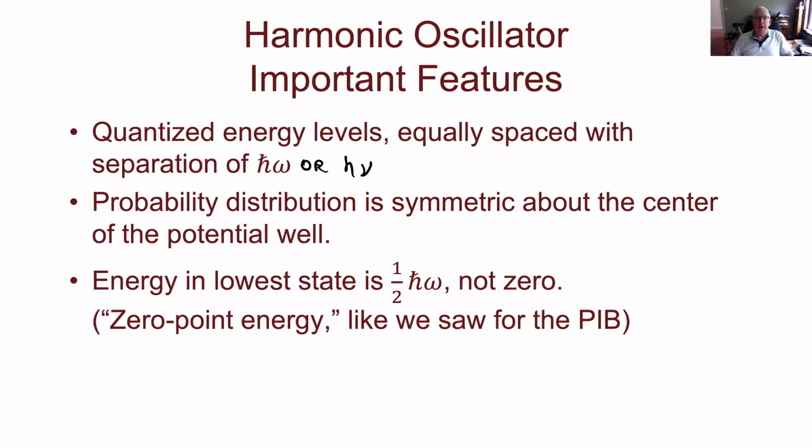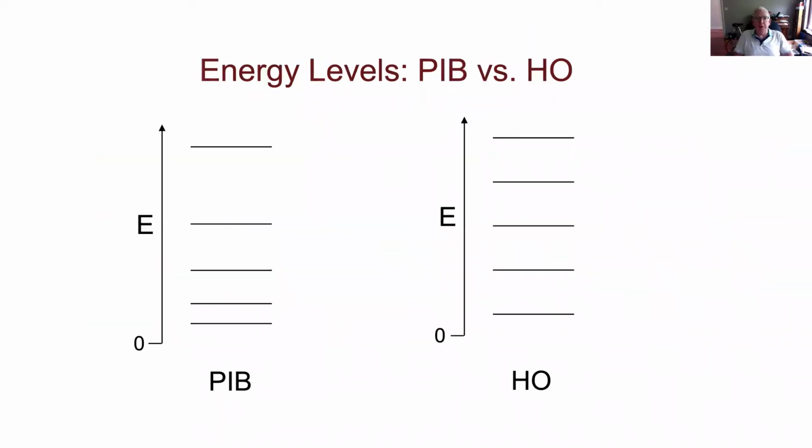Right? I put in a slide here which quickly compares or contrasts the energy levels for the two systems, the particle in a box on the left versus the harmonic oscillator on the right. In both cases, we have some non-zero energy for the ground state, right? So the lowest energy in both cases is above zero, right?